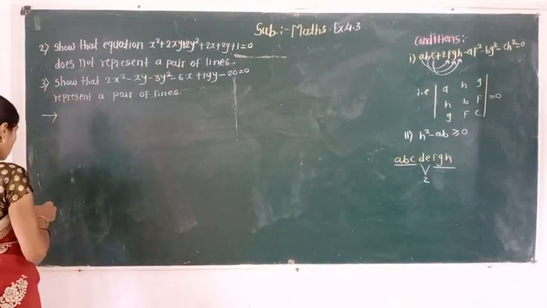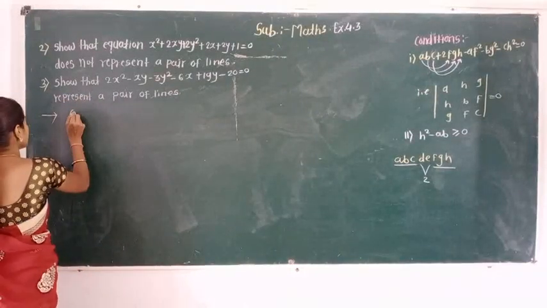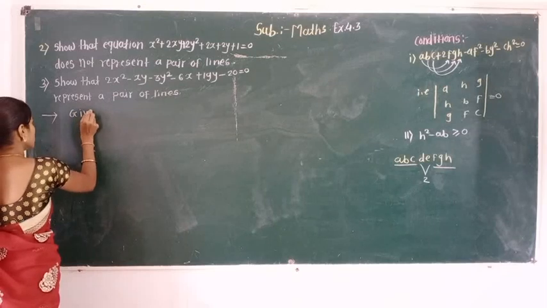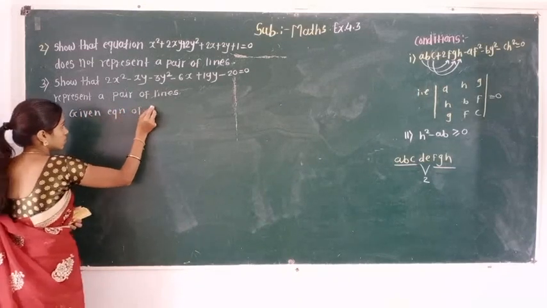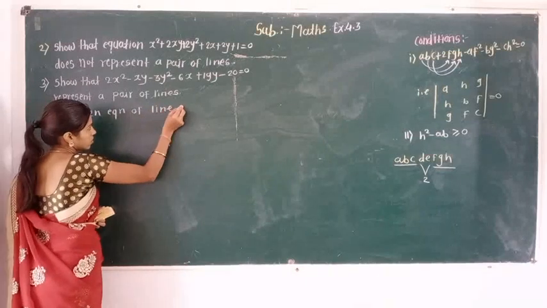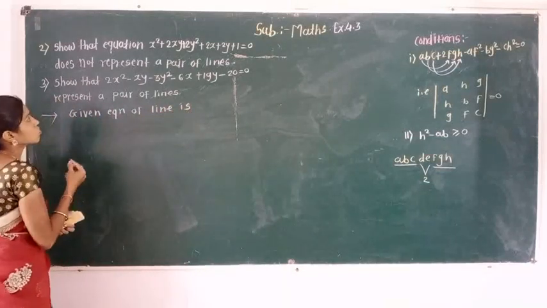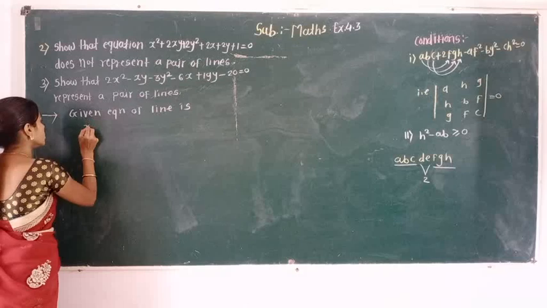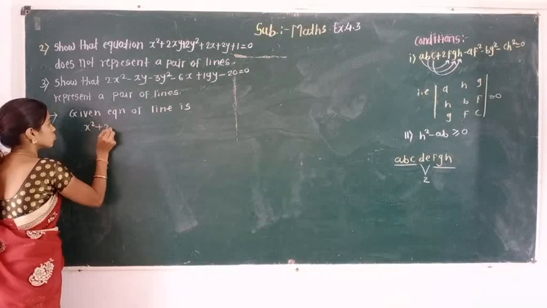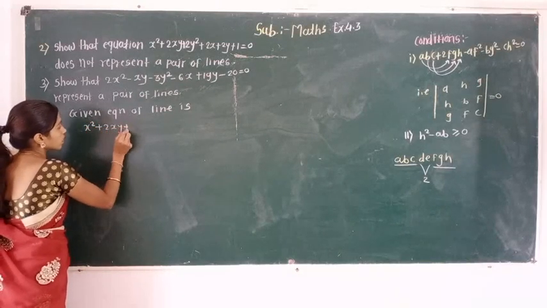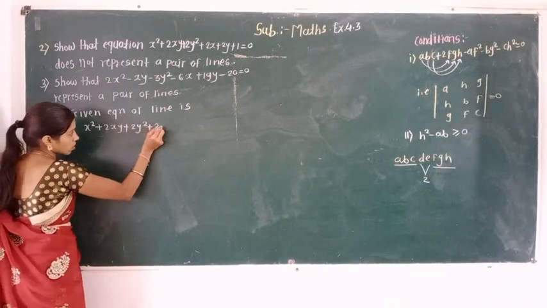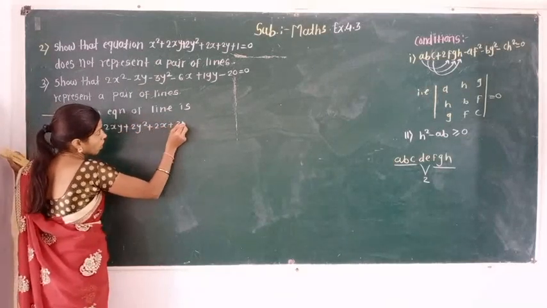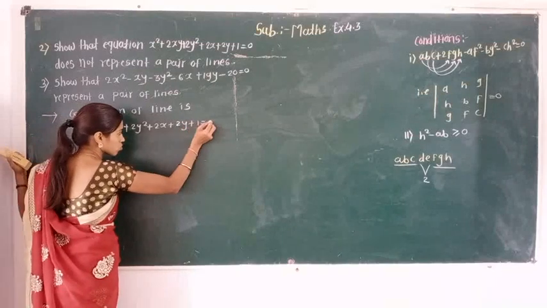Now first of all we write the given equation: x square plus 2xy plus 2y square plus 2x plus 2y plus 1 is equal to 0.